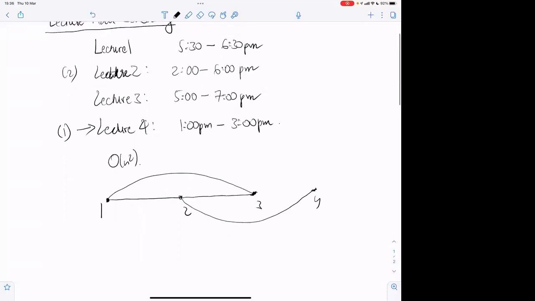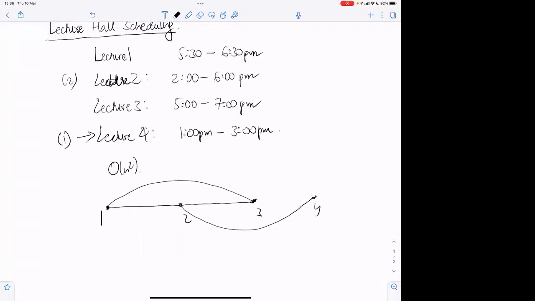Another way could be to represent these lectures by intervals. You mark the times, where the minimum time is 1 o'clock, so from 1 p.m. to the maximum time, 7 o'clock.